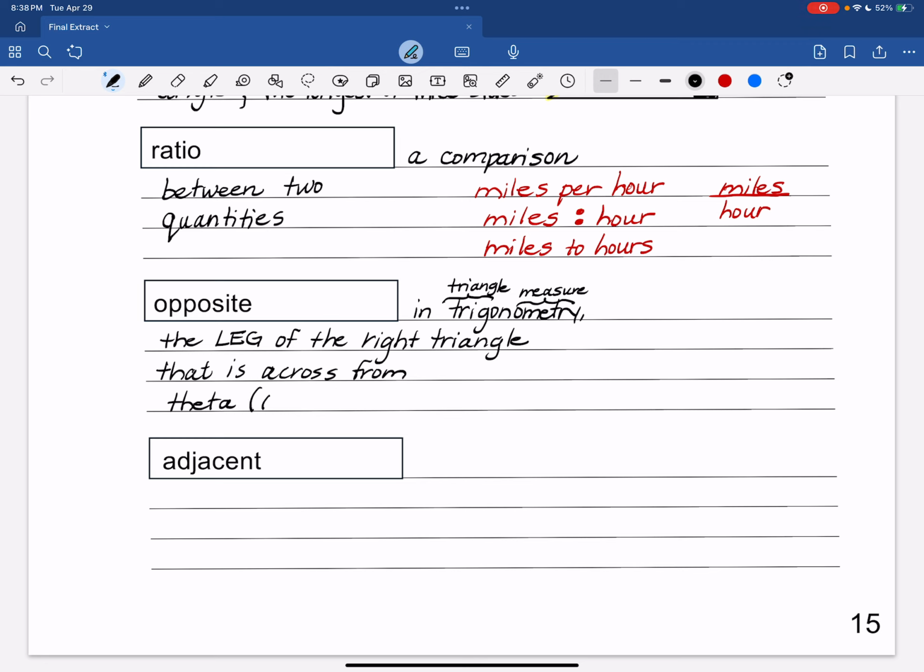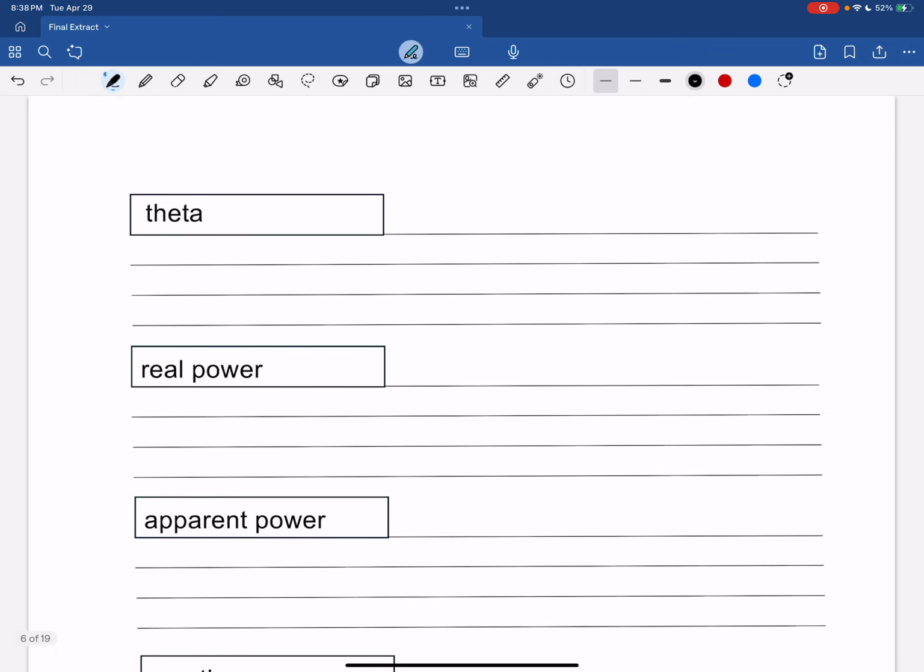You say, well, Miss Amanda, what in the world is theta? So we're going to go look at that and then come back to this definition. So go to page 16, and there's theta.